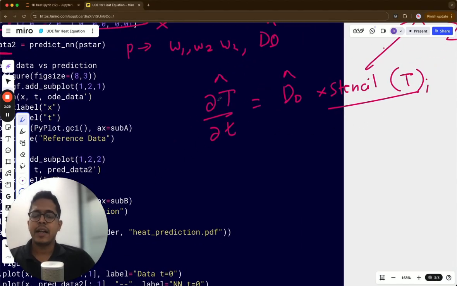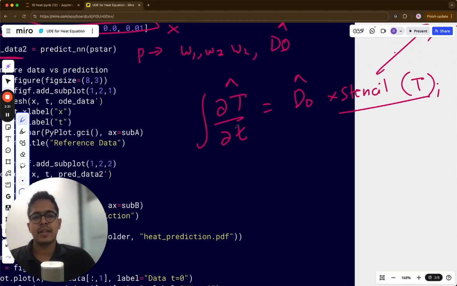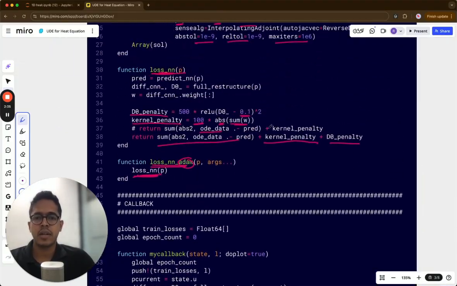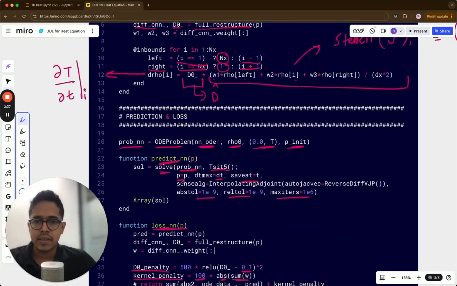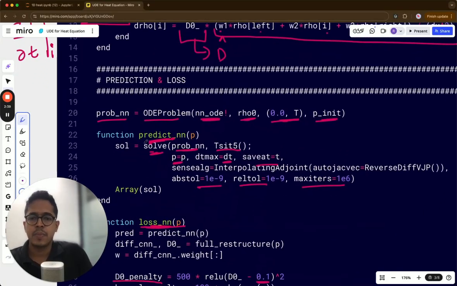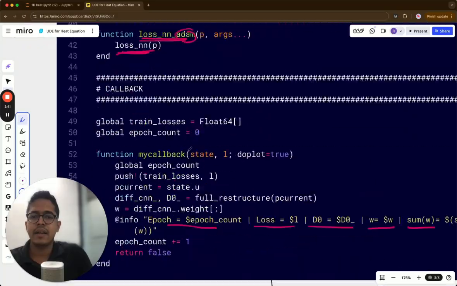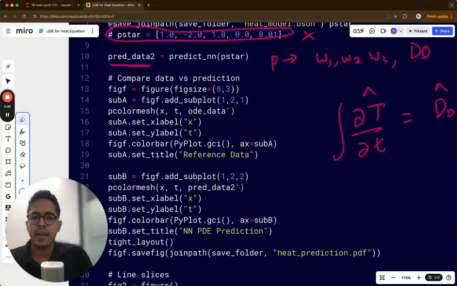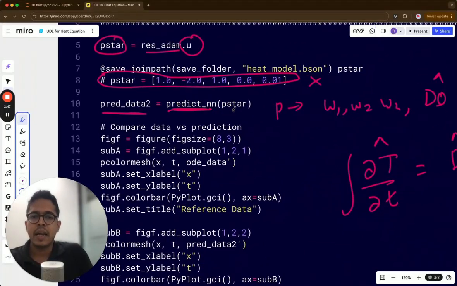And how do you get temperature from this? By numerical integration. And we are performing the numerical integration over here using the fifth order Runge-Kutta solver. Where is that? It's this guy, this predict NN. So predict NN, I'm calling here just before the plotting. So to the predict NN, I'm passing the final parameters. Then it gives me the prediction, and this prediction data is what I'm using for plotting.